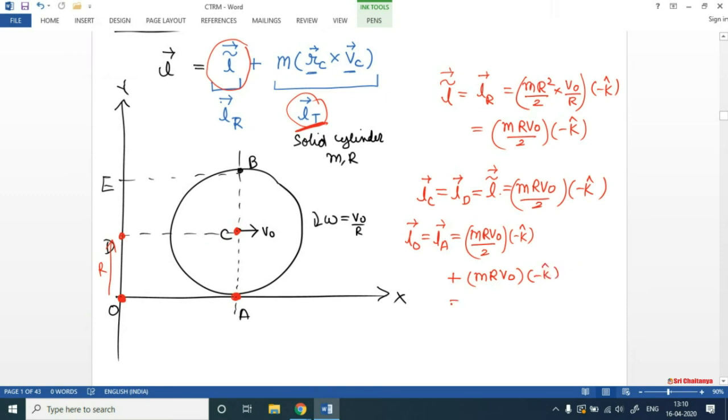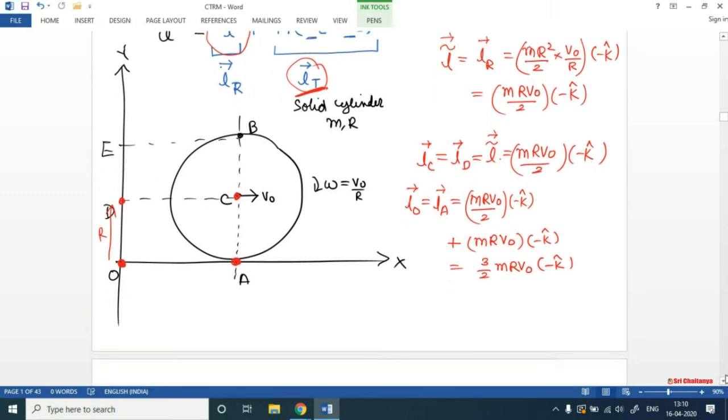This collectively will give us 3 by 2 mrv naught along minus k cap. So that is angular momentum about O and A.